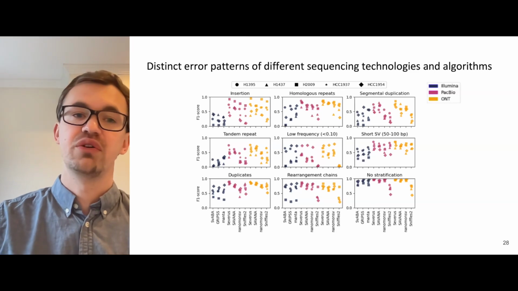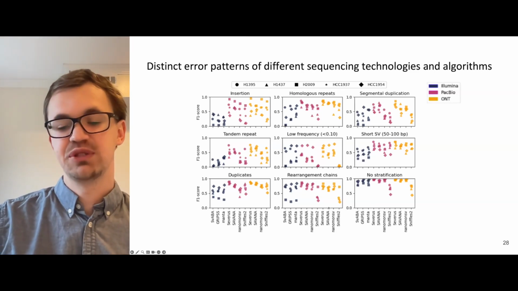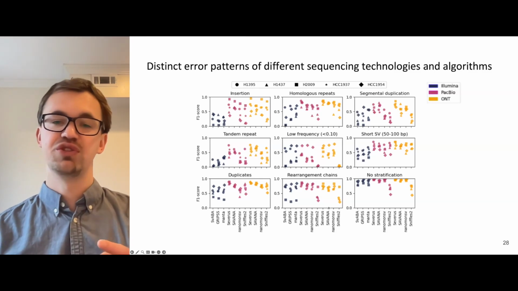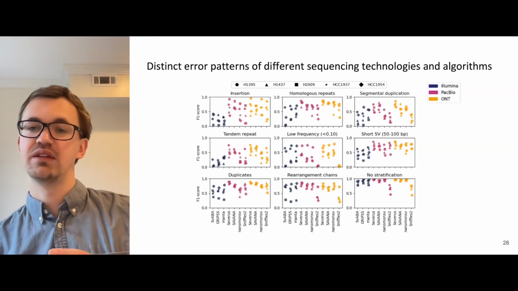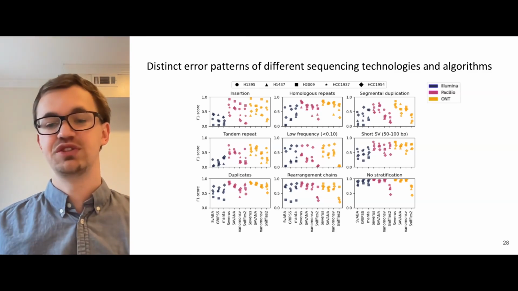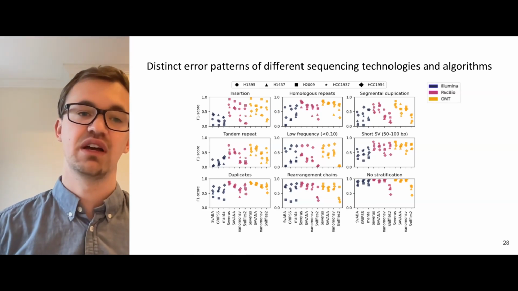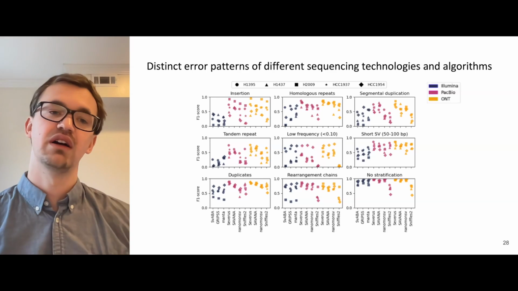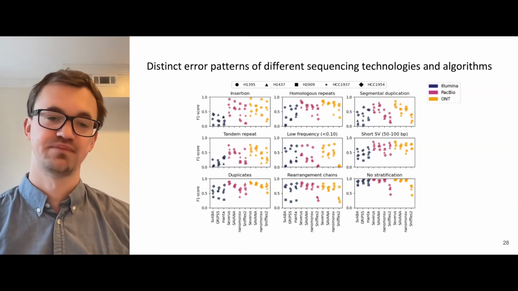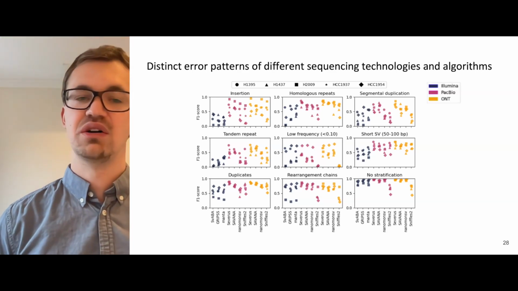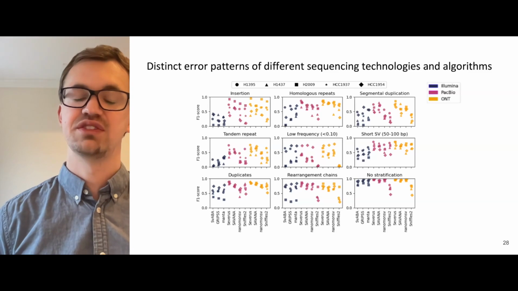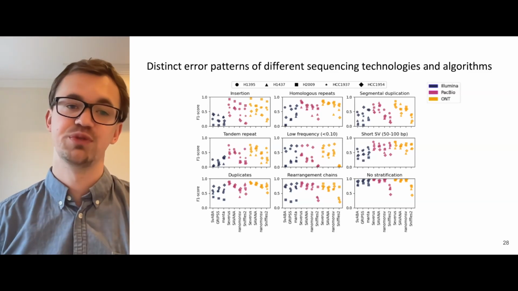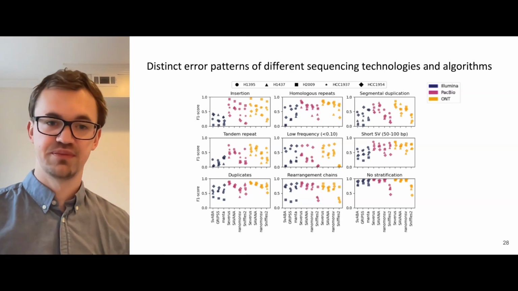And an interesting category is the chains of rearrangements, when you basically have structural variant junctions that jump from one chromosome to another and another. This was challenging to detect for all tools, a little bit more challenging for Illumina. And finally, on the bottom right, you can see the variants that have no apparent complications, and most tools indeed performed very well on those variants.